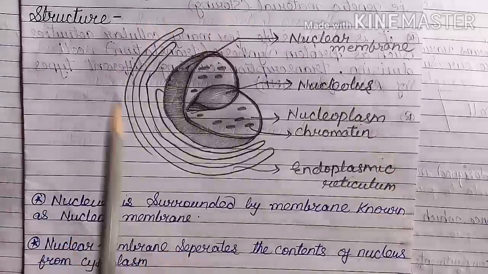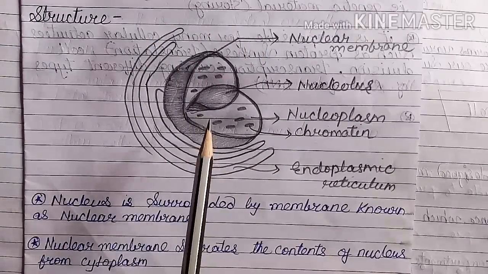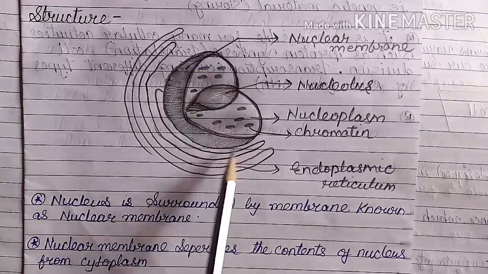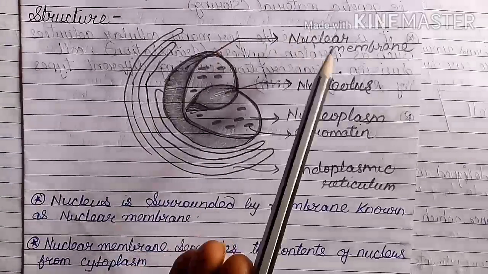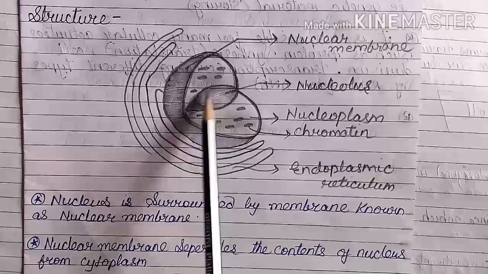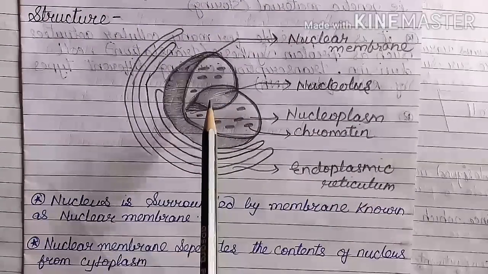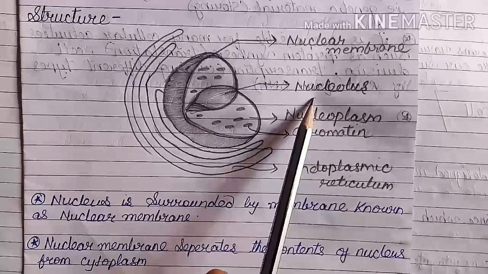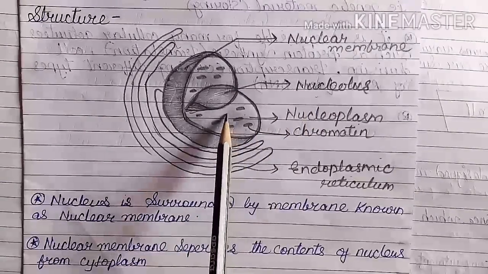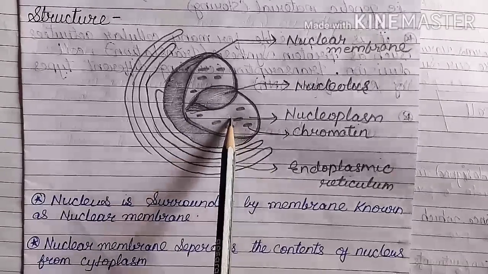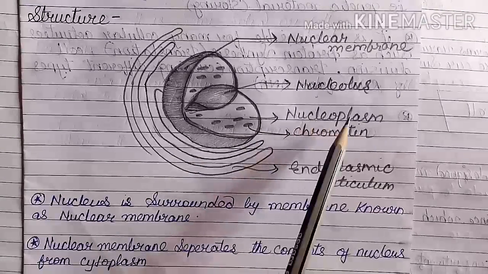This is the outer membrane of nucleus, which is known as nuclear membrane. Inside the nucleus there is a ball-like structure at the center, known as nucleolus. Inside the nuclear membrane there is fluid known as nucleoplasm.